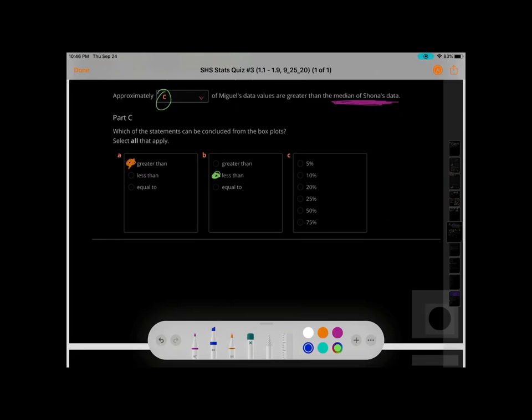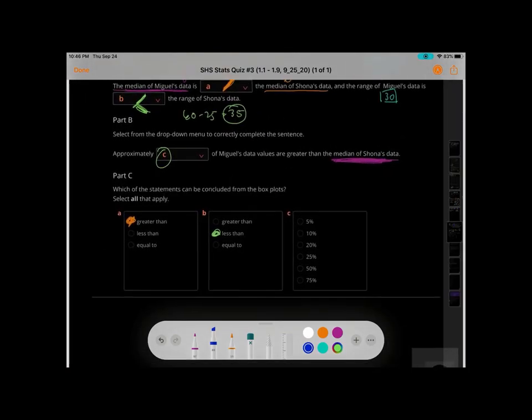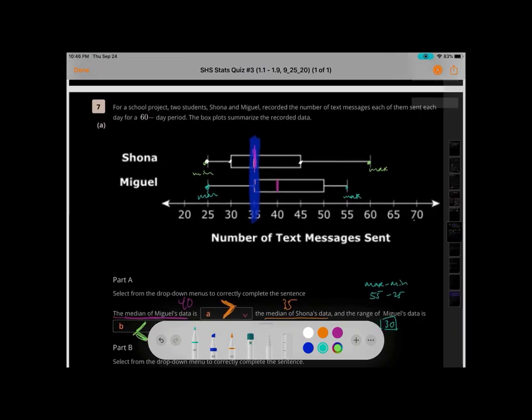The question says, approximately blank percentage of Miguel's data is greater. So what percentage of Miguel's data is greater, or bigger, or to the right? On Miguel's, what percentage of data is from here to the last part of his box plot? Remember, this is his Q1 to his max, and each of these is 25%.